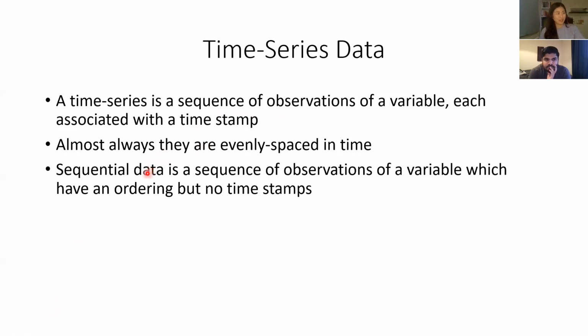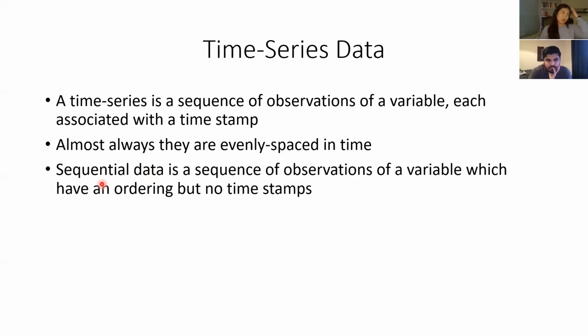I really like this phrase because I use a stock price data set, but we know the stock market closes over the weekend. So it's saying almost always evenly spaced, but like the stock market, there can be a little bit of exception.